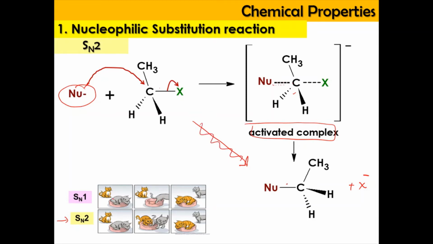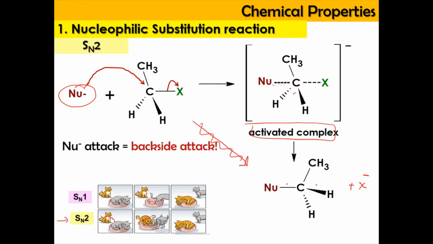Alright, so this is the representation where a strong nucleophile is going to chase away the halogen group, where it will form an activated complex. Then the nucleophile akan masuk and the halogen is going to go out.